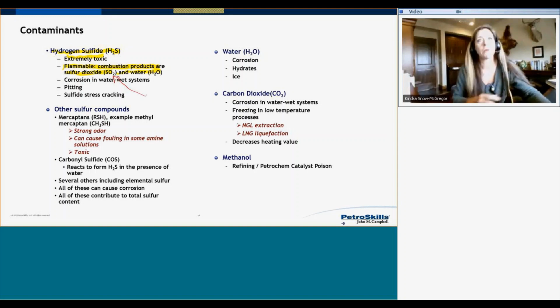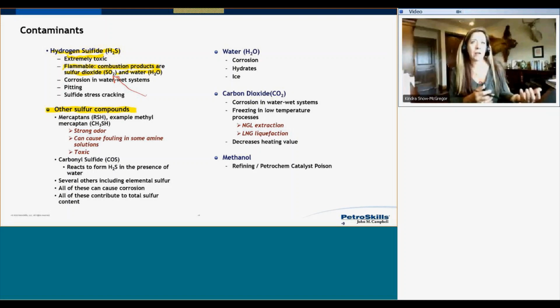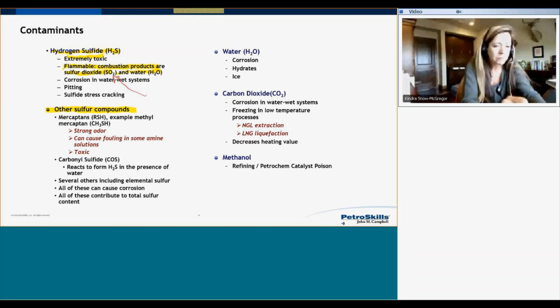As far as an end user, if I'm going to be using propane as a fuel, I don't want the off gas containing a lot of SO2. So that's one of the issues with our product specifications. You can see I have other sulfur compounds down here as well. Any kind of sulfur compound that I might have in my stream will burn and cause me acid gas emissions, acid rain emissions, or SO2.